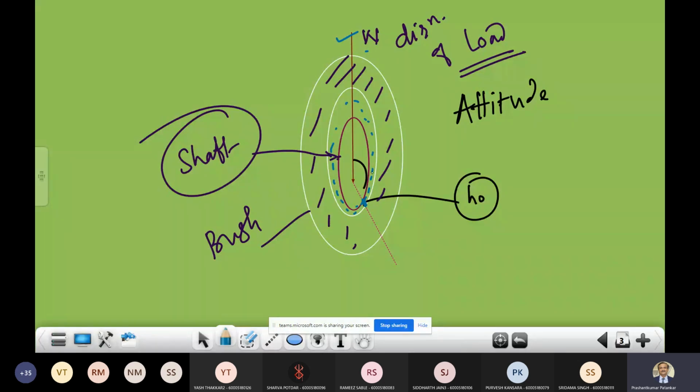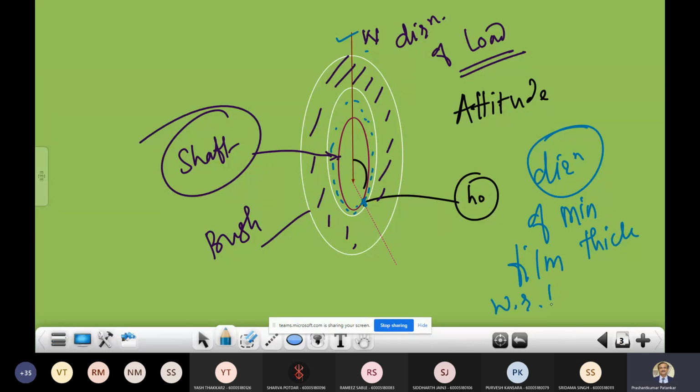That angle will give you the direction of minimum film thickness. We measure it with respect to the external radial load coming on your shaft, and this angle we call the attitude angle. I hope now I am clear.